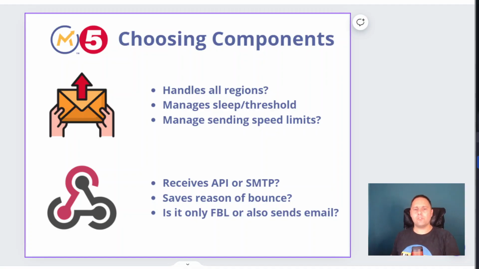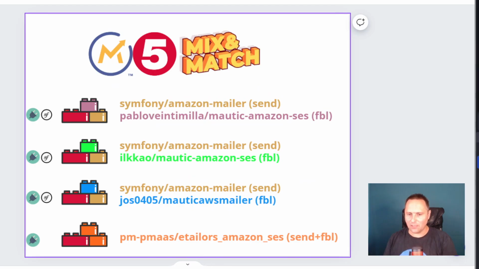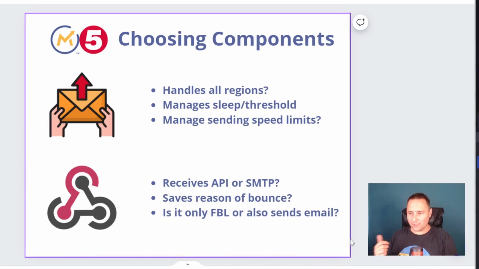So when you choose a component, what you should always watch out for, you don't have to use these, but if there is something new in GitHub and you try it, is, in the case of Amazon SES, does this component handle all the regions? Maybe new regions are added. Are they all covered? Does it manage sleep and threshold, for example?